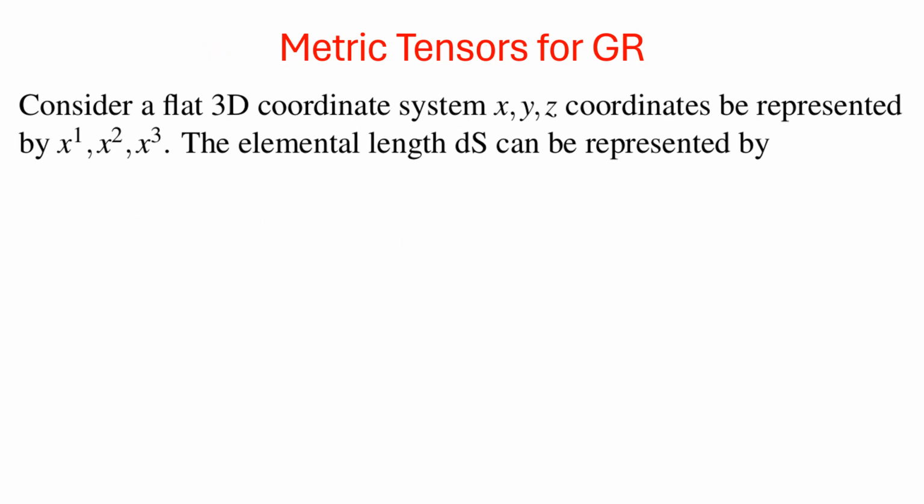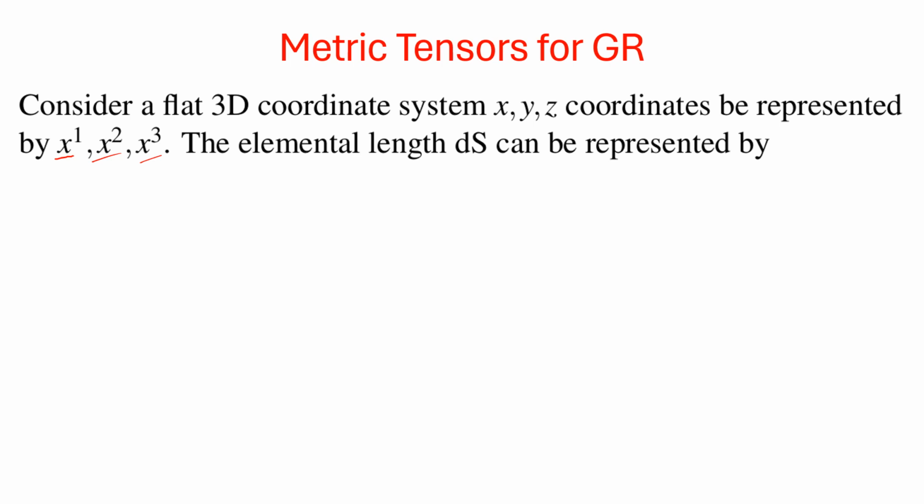So a very interesting quantity in general relativity is the metric tensor. Consider a three-dimensional flat coordinate system governed by variables x, y, z, which is represented by x superscript 1, x1, x2, x3, and so on.